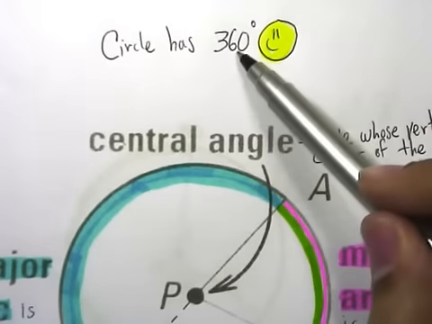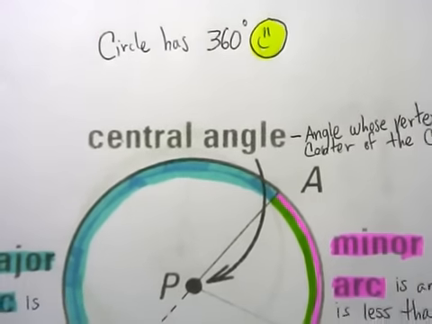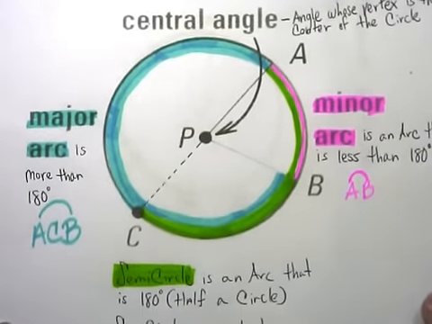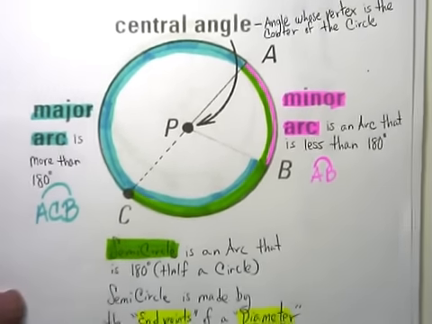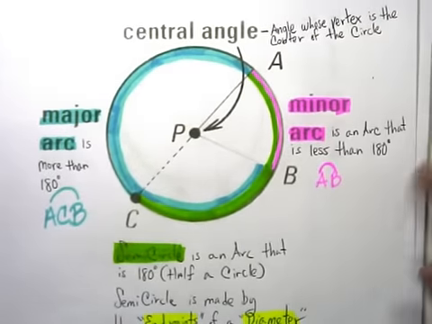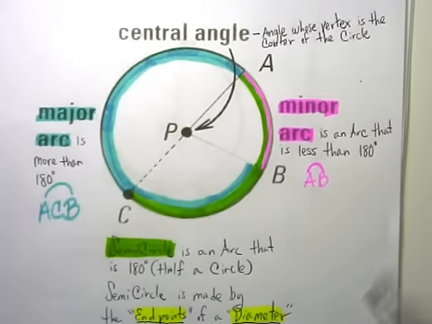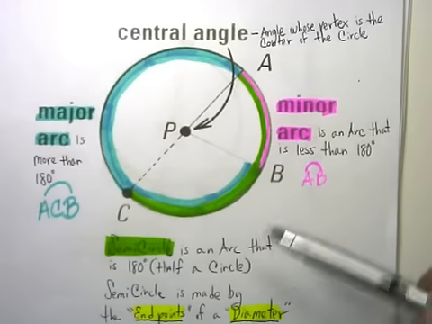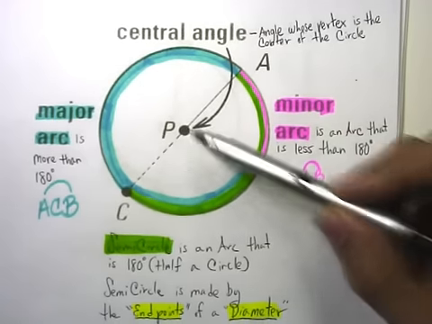Well, when we're talking about circles, remember that a circle has 360 degrees. Okay? Now, when we look at this diagram of a circle here, there should be certain things that we notice. Well, you probably see this central angle here. And a central angle is an angle whose vertex is at the center of the circle.